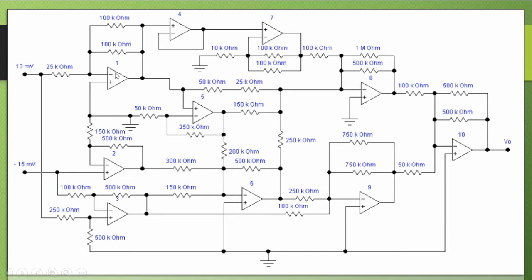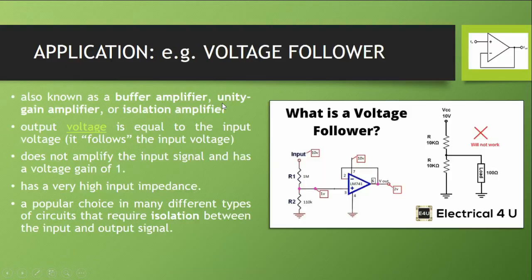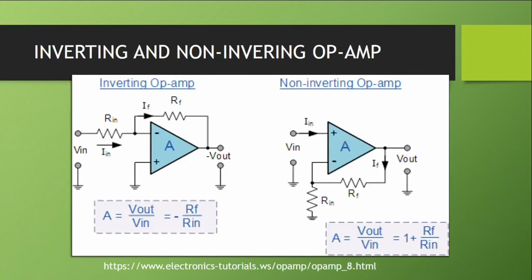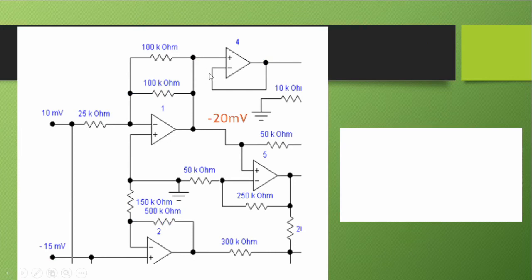And we can analyze op-amp 1, knowing that this is open. Also here, current is 0. No current flowing here. We can isolate this. Okay, let's start. This is op-amp 1.